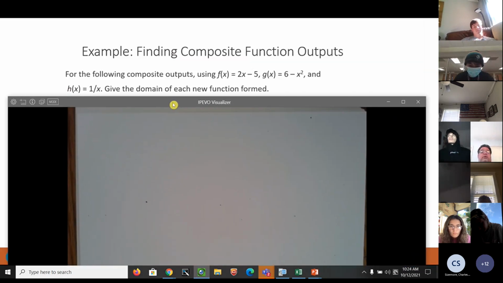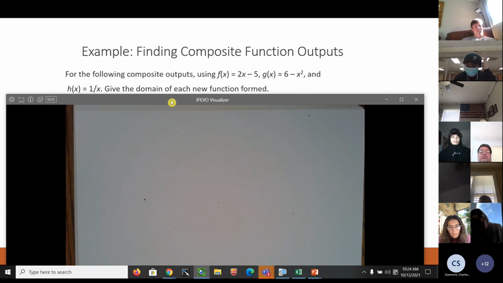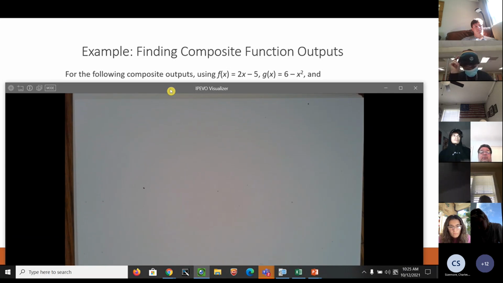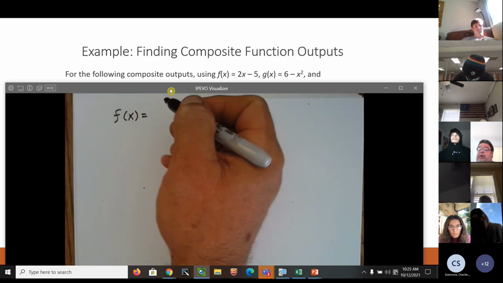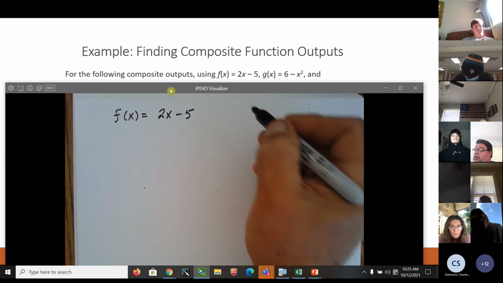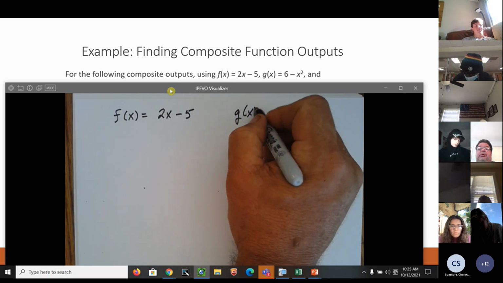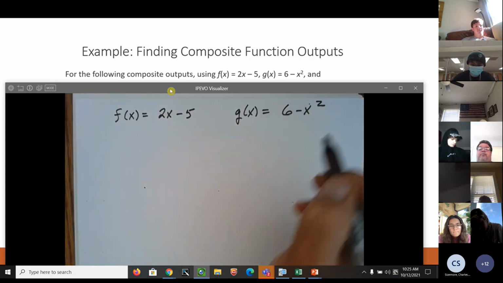All right, this one says f of x. Wait a minute. Why do they got to twist things around? Okay, we're not doing that one. We're going to do f of x is equal to 2x minus 5, and g of x is equal to 6 minus x squared.